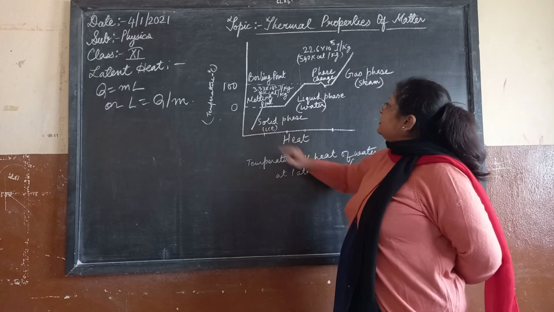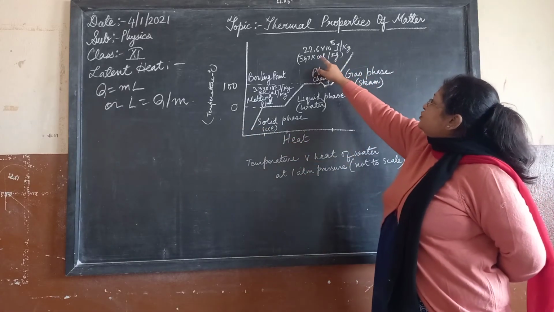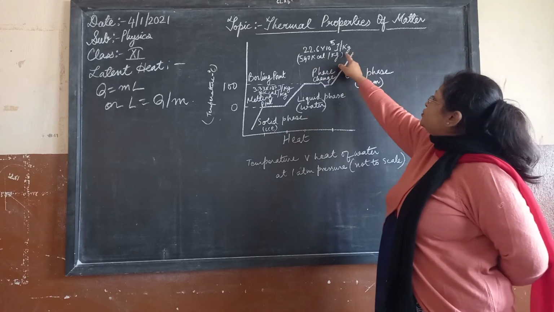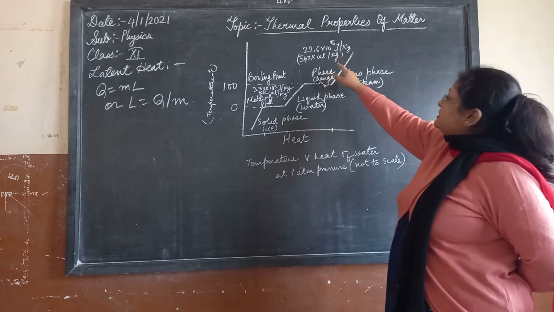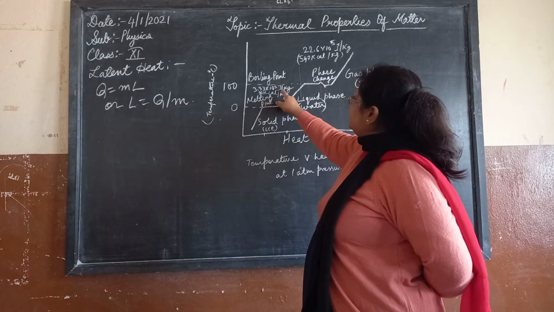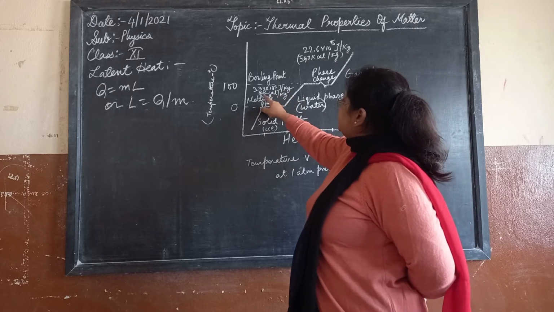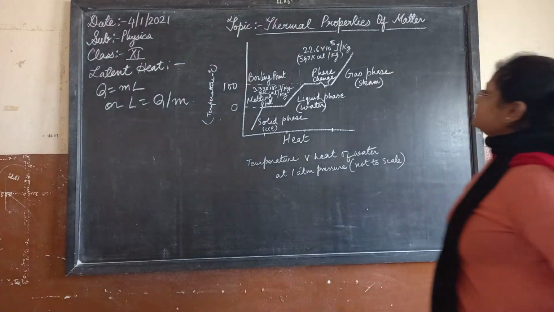This is the gas phase, and its latent heat is 22.6 into 10 power 5 joule per kg, or 540 kilocalorie per kg, and the melting point value is 3.33 into 10 power 5 joule per kg, or 80 kilocalorie per kg.